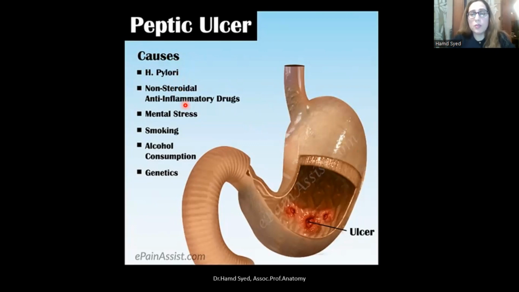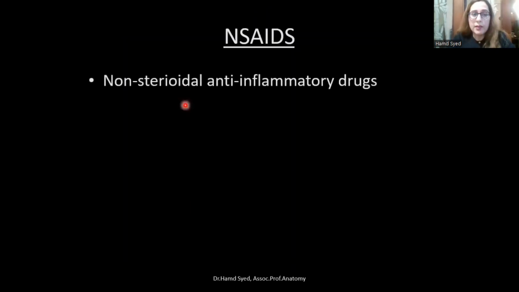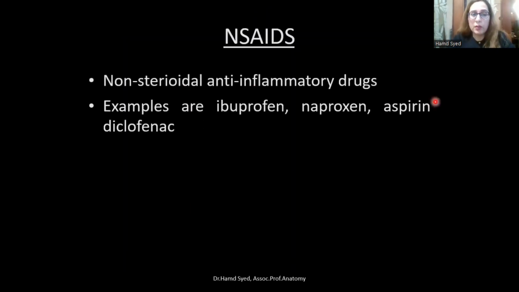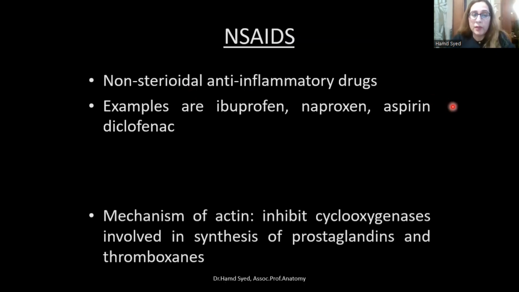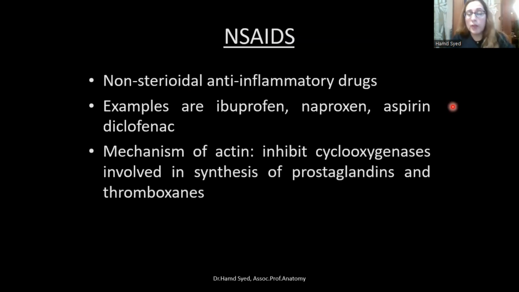What are the NSAIDs and what is their role in causing the gastric ulcer? Well, NSAIDs, remember, the examples are ibuprofen, naproxen, aspirin, diclofenac. These are the drugs which can cause gastric ulcers. Why? Because their mechanism of action is that they inhibit cyclooxygenases, the enzymes which are involved in the synthesis of prostaglandins and thromboxanes.